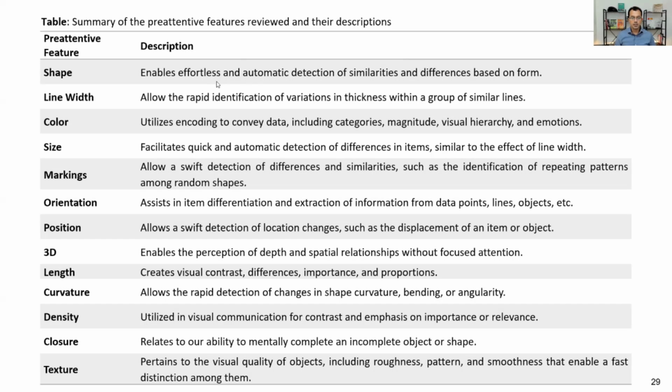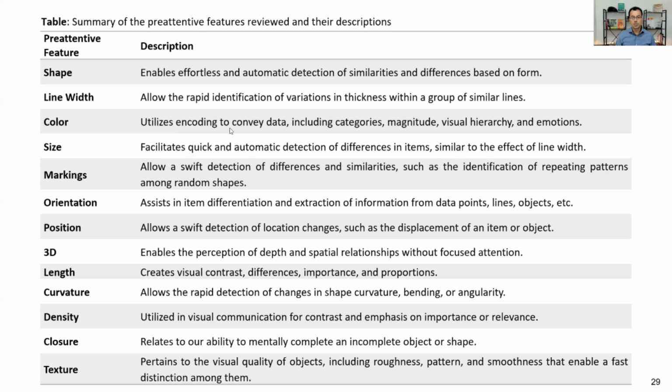Now that we have seen the 13 preattentive features that we wanted to discuss, let's make a quick summary of what we've seen. The feature of shape enables us to automatically detect similarities and differences based on the form of the object that we are visualizing. The width allows us to quickly identify variations in thickness within a group of similar objects.